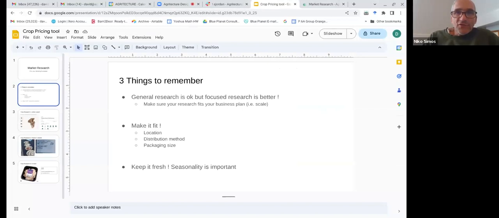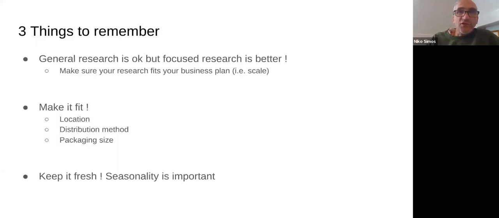So the first thing to remember is that general research is okay, but focused research is going to be much better. Let's make this a little bigger. Focused research is going to be much better. So really make your research fit the business model that you're planning to use.